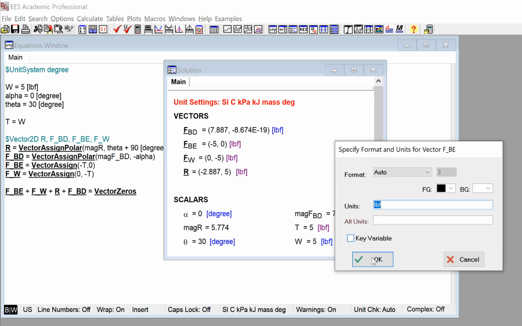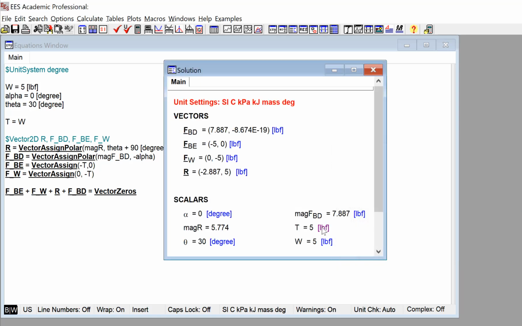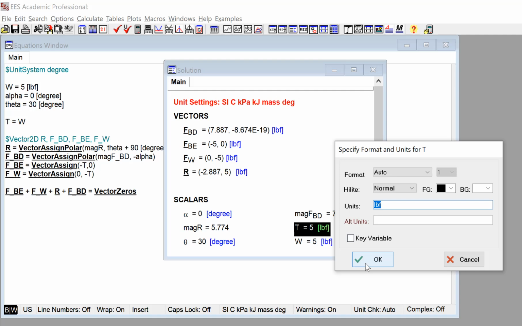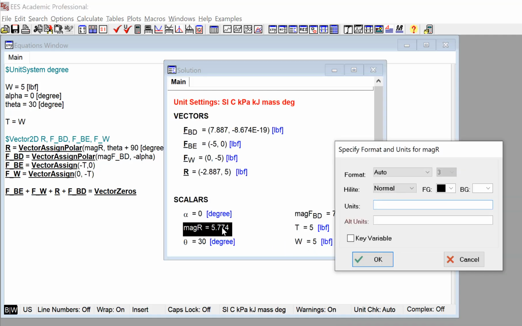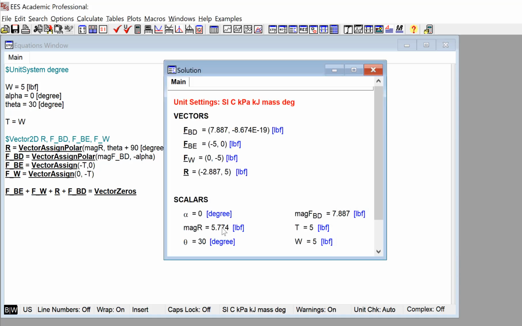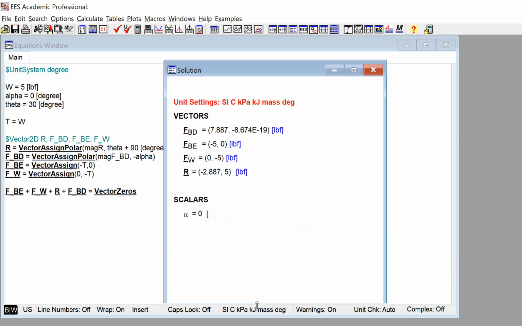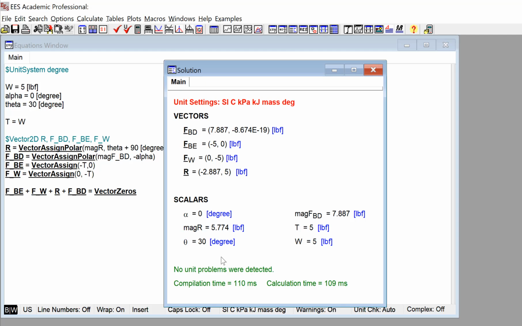I'm just going to confirm the suggested units for all of those vectors, and then we know that this has to have units of pound force, as does this, and finally as does this, pounds force. At this point there should be no unit problems, and everything looks good.